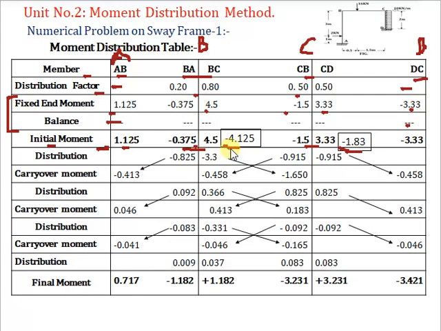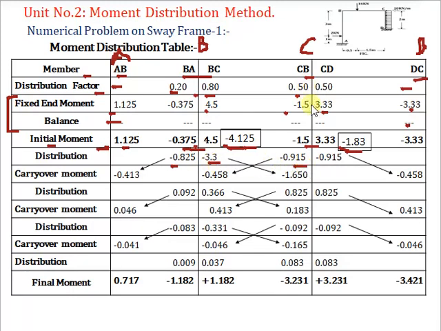Now consider the correcting moments mentioned in the box. First for joint B, minus 4.125 into distribution factor of BA 0.20 gives distribution moment minus 0.825. For BC, distribution moment is distribution factor 0.80 into correcting moment minus 4.125, which is minus 3.33.